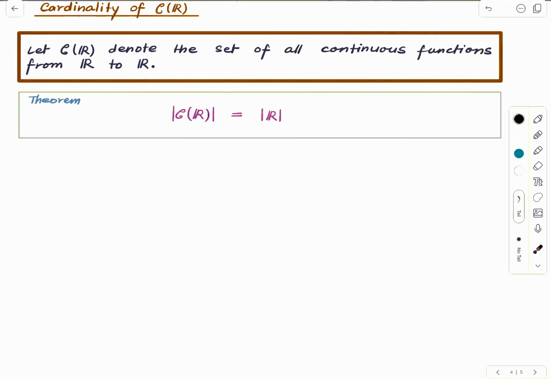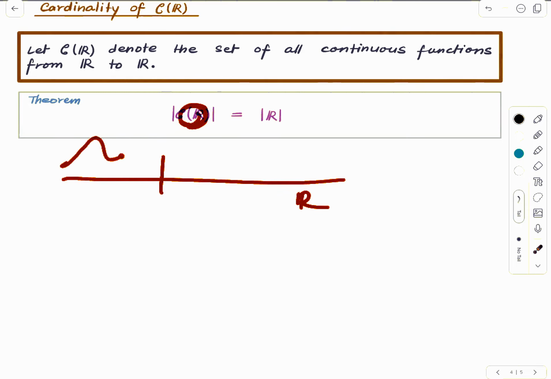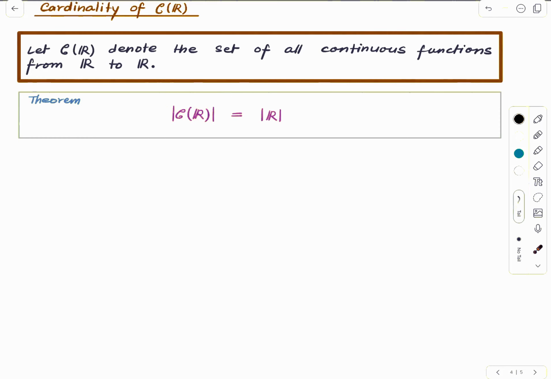When I first learned it, this was a bit of a surprise to me because this seems like a lot bigger set. If you have the set of all the real numbers, you can create so many continuous functions. It seemed to me that maybe it should be more than the cardinality of reals, but it isn't. It is the same. And the proof is also very, very simple.